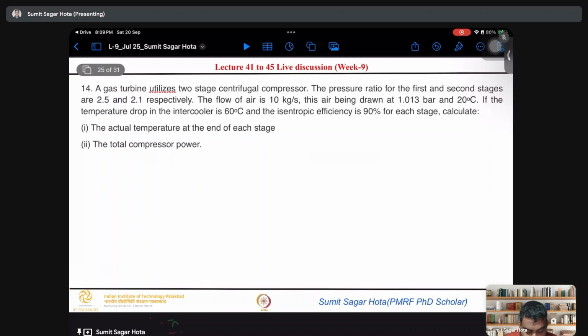Okay. So for this type of question, first of all, you should always draw the TS diagram. First draw the TS diagram.